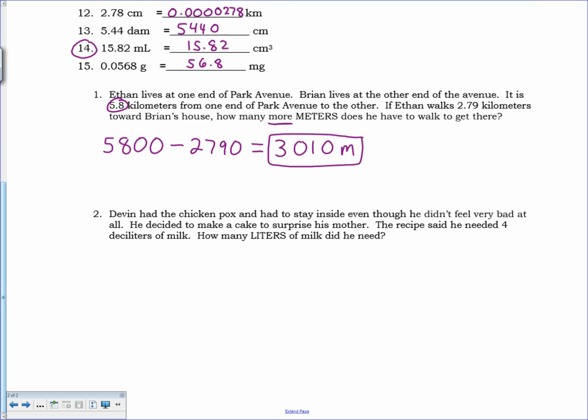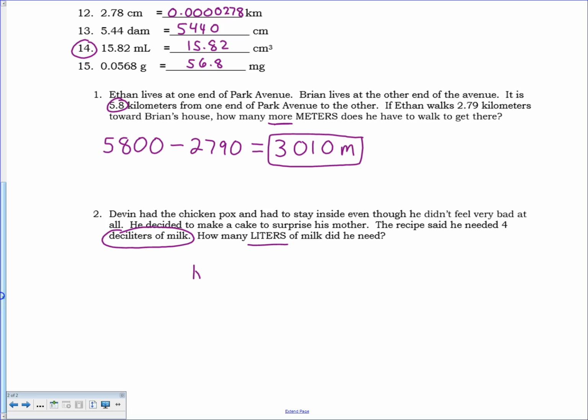All right, and then this last problem here, it said, Devin had the chicken pox and had to stay inside even though he didn't feel very bad at all. He decided to make a cake to surprise his mother. The recipe said he needed 4 deciliters of milk. How many liters of milk did he need? Well, this one's just a simple conversion. We're going deciliters of milk to liters. So in this case, we're going from deciliters, which is right next to liters, just jumping over 1.